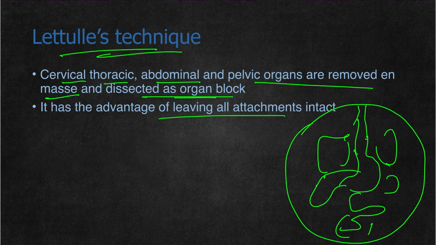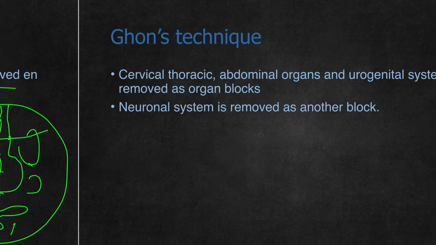It has the advantage of leaving all the attachments intact, and if any injuries are present, they can be tracked easily. For example, if a bullet injury is there, each hole can be detected, and each organ's relationship with the others can be easily maintained.